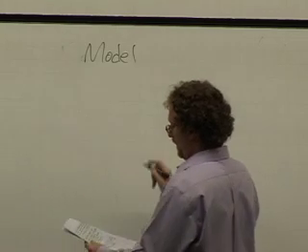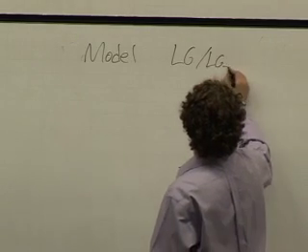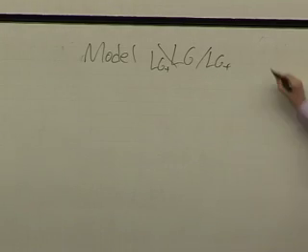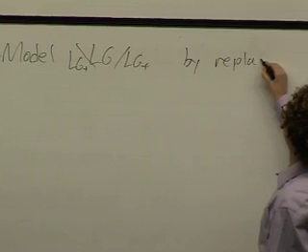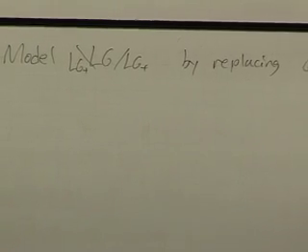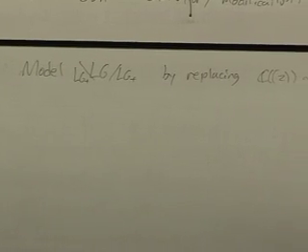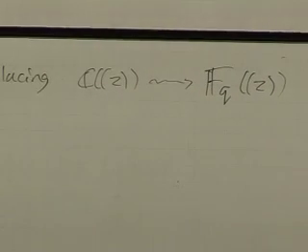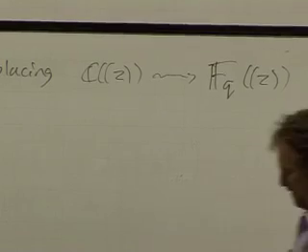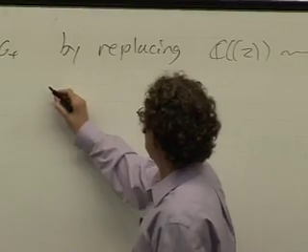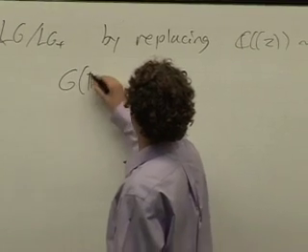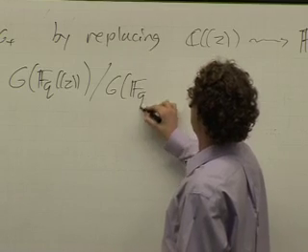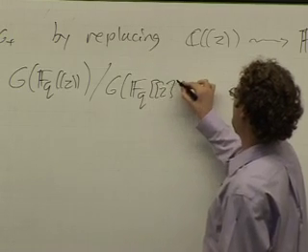And so we can model this space, LG mod LG plus mod LG plus, these orbits, by replacing this field of Laurent series by a nice locally compact field, something I understand. Take a finite field and look at Laurent series in z over FQ. So just to make my life more concrete, I can look at G of FQ Laurent series in z and G of FQ Taylor series in z, and I take the double cosets.